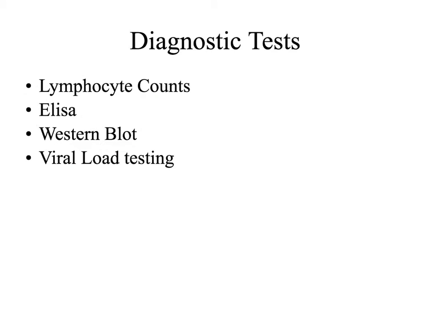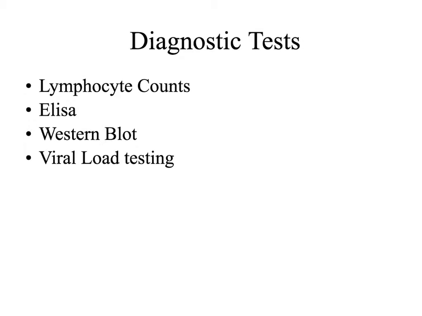These are some diagnostic tests that you might see related to a person who is being diagnosed or has HIV. The lymphocyte count is a differential count of the white blood cells to determine if they are getting a low CD4 count. People with HIV will have a tendency to have a low white blood cell count, and then specifically they will start to get a low CD4 count.